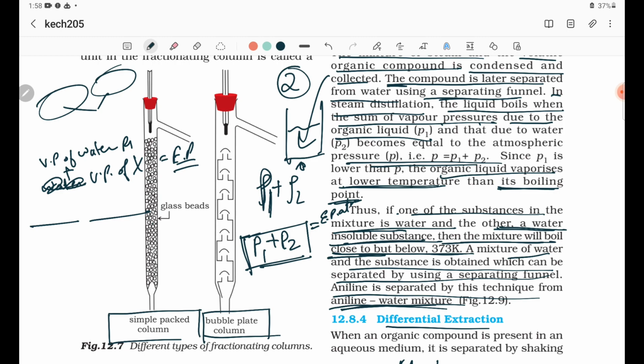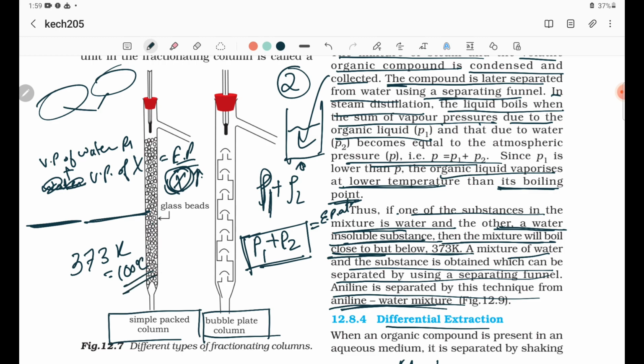Now the boiling point of the liquid is much higher, but now the liquid will boil at 373 K, that is 100 degrees Celsius.